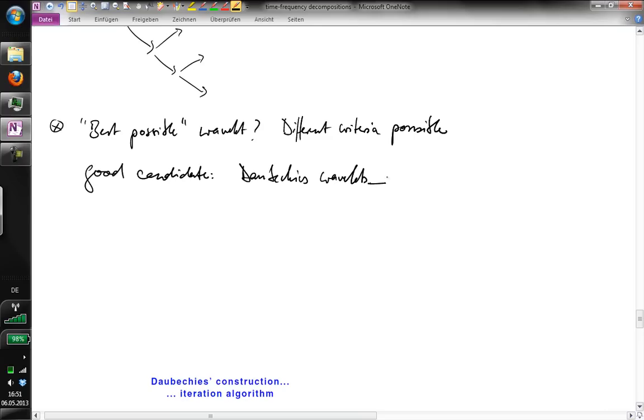I'm stating here without proof that they have the minimum length of the filters in the spatial domain for a given number of vanishing moments.